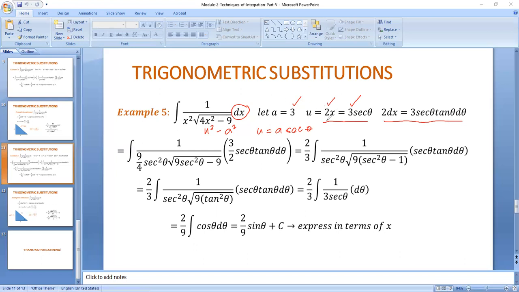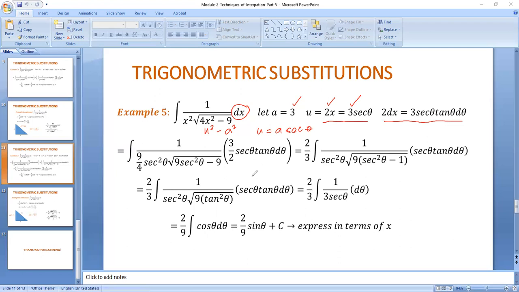If you're going to square 2x, that would be 4x squared. So then you must also square this one. That would be 9 secant squared theta minus 9. You just copy the 9. The dx will be this one: 3 secant theta tangent theta d theta divided by 2. So we have this one now.